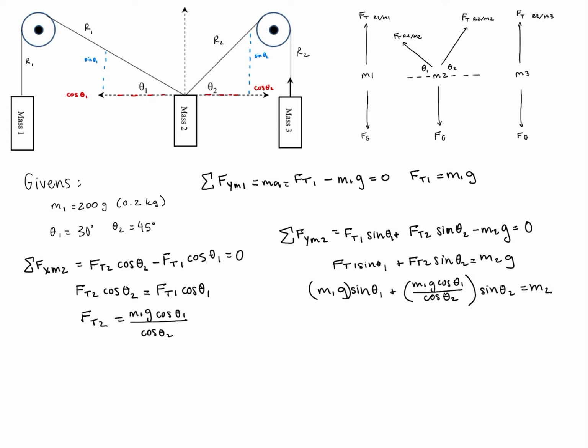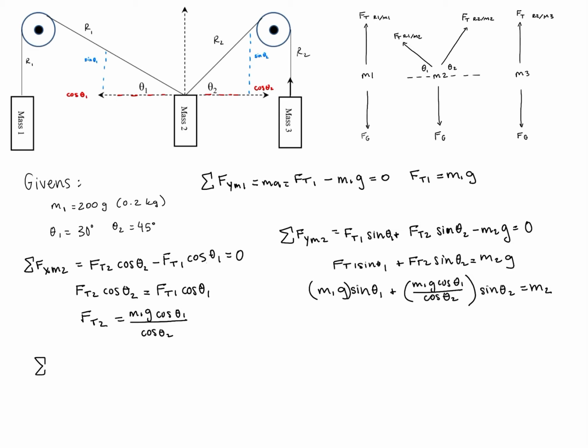So now we've algebraically solved for mass 2, and now all we need to do is use letters to solve for mass 3. So same thing, it's only going to be in the y direction since there's nothing going on in the x direction.